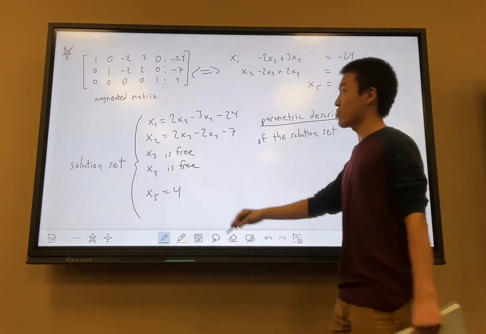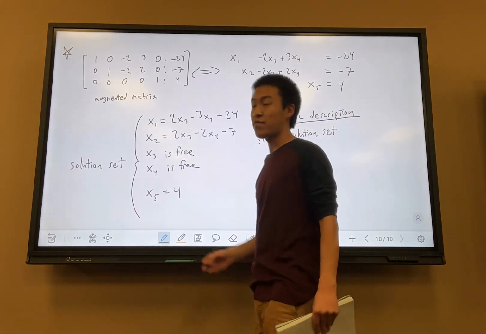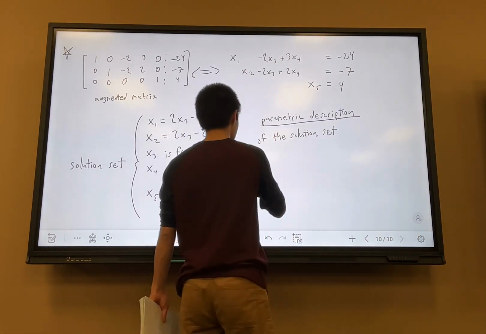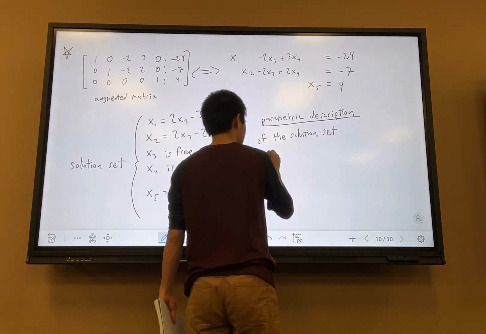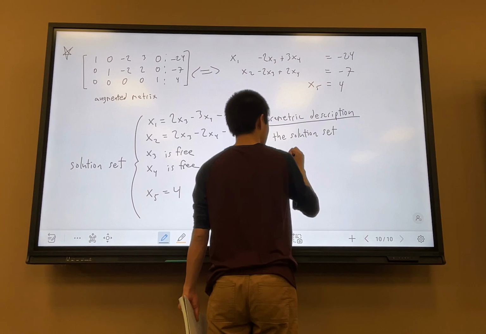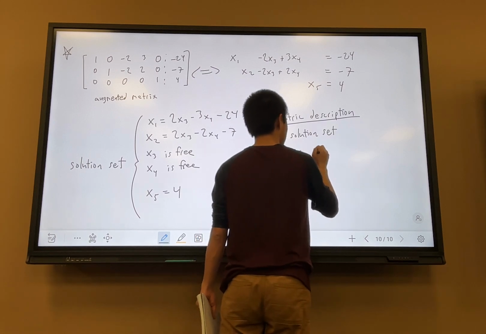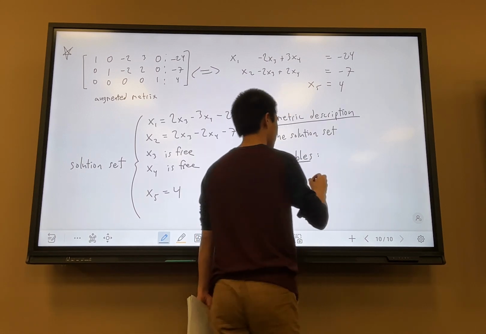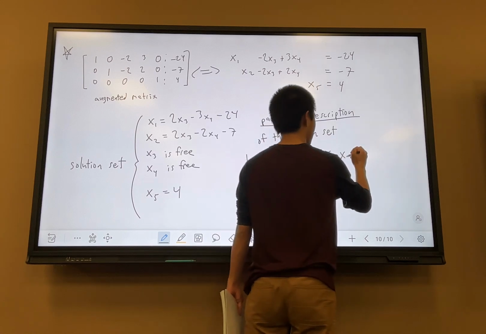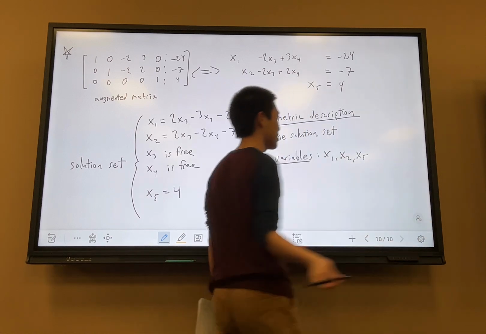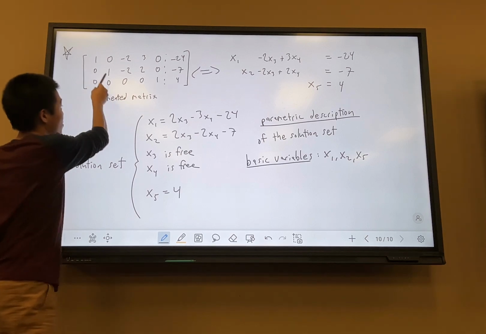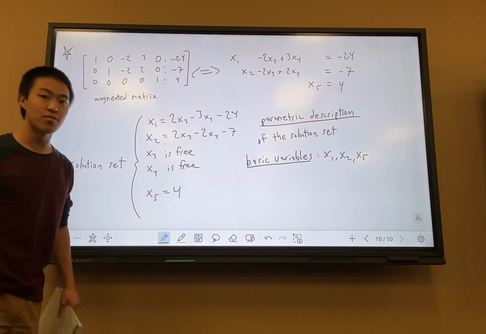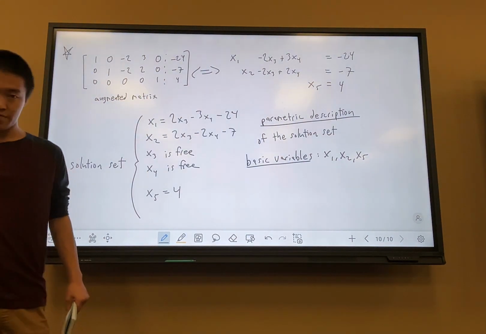Now, we do have a word for the other variables that are not free. We have basic variables. Which ones are basic? Well, x1, x2, and x5. Another way to think about that, your basic variables are the variables that correspond with your pivot, your leading terms here in the row-reduced echelon form.